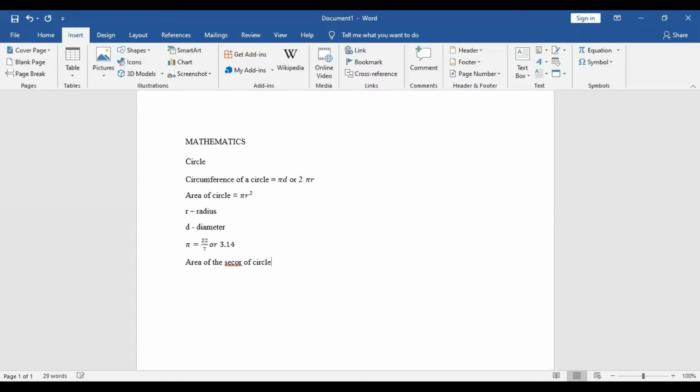Because a circle is 360 degrees. Great. That's correct. So this will be pi r square, and then, let's say, we insert the equation here, symbol.